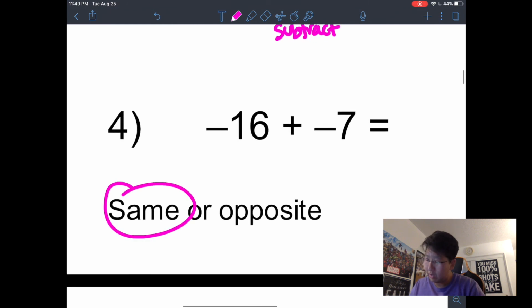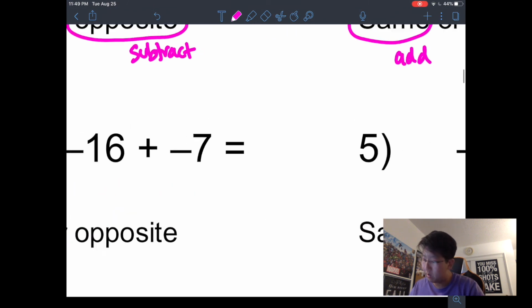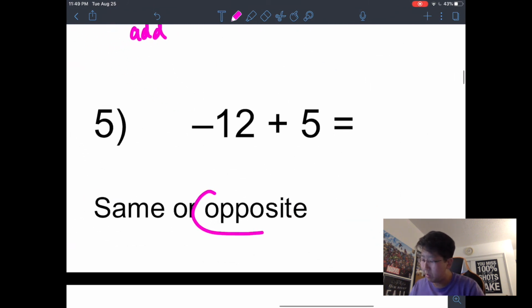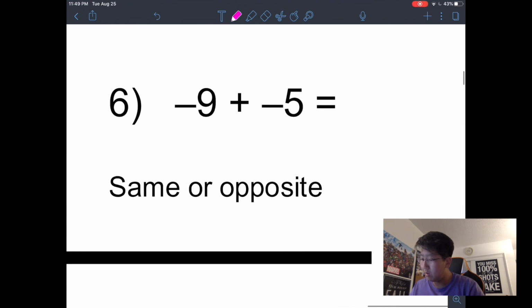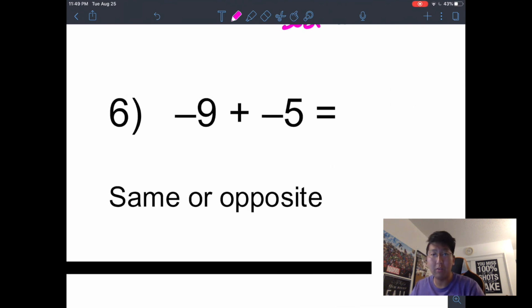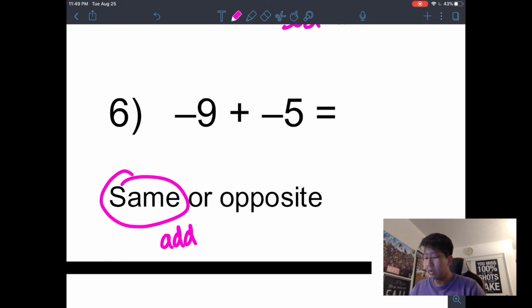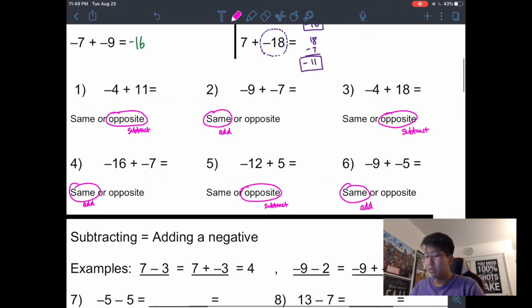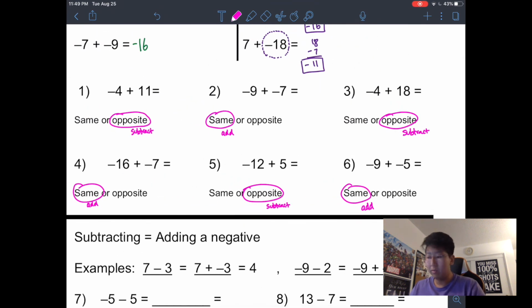Here, they're the same, so we're going to add. They're opposite, negative 12 and positive 5, so we're going to subtract. And right here, they're negative 9 and negative 5. We're going to say that they're the same signs, negatives, right? And we're going to add. And then we're going to keep the sign.